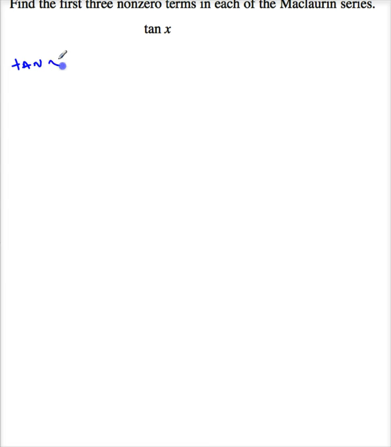Now, what if we want to find the first three non-zero terms of the Maclaurin series of tan x? Tan x is not one of the ones in our table. So let's see, what can we do here? I know tangent of x is sine x over cosine x. Now these two are in my table.